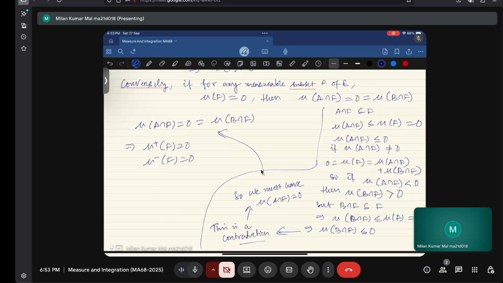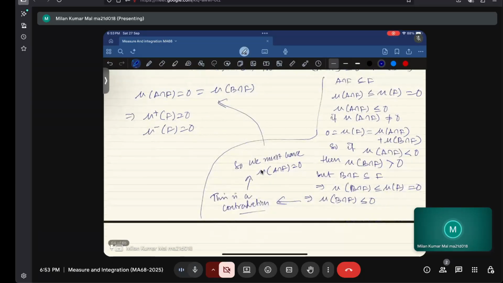Now again the similar argument we will be using.